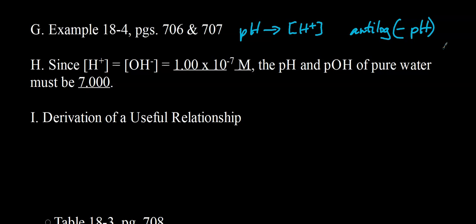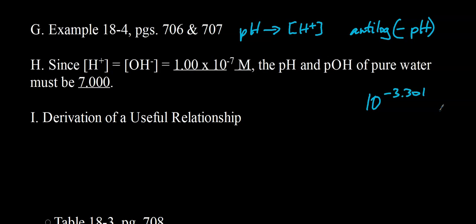So 10 to the negative pH. So our pH was 3.301, so we're going to go 10 to the negative 3.301. If you go anti-log of pH, you're going to get a really big number, and that doesn't make sense. So make sure to do anti-log of the negative pH, and we end up with 5.00 times 10 to the negative fourth. All right, very, very important.